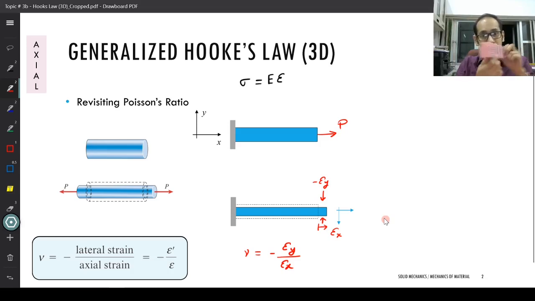No, this has a third dimension as well. It has an x, a y and a z direction. So if I am pulling it, in addition to the contraction along the y direction, I would also have a contraction about the z direction as well. If I have to write this particular expression, let's look at this example which I was showing you in terms of a figure.